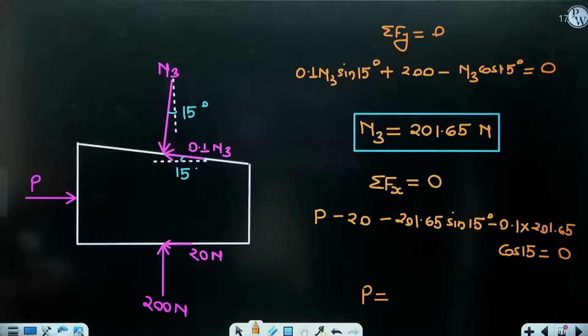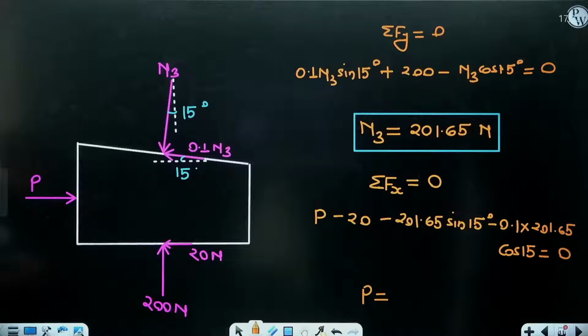P equals 20 plus 201.65 sine 15 plus 0.1 into 201.65 cos 15.